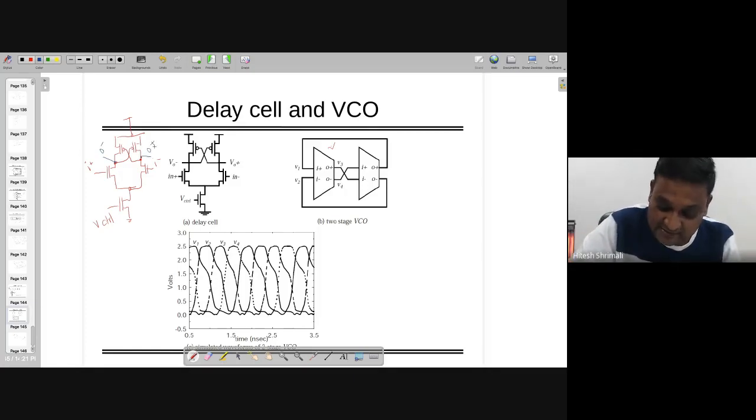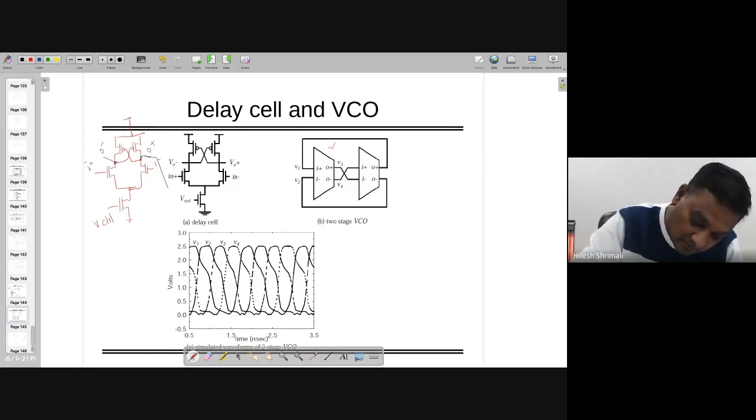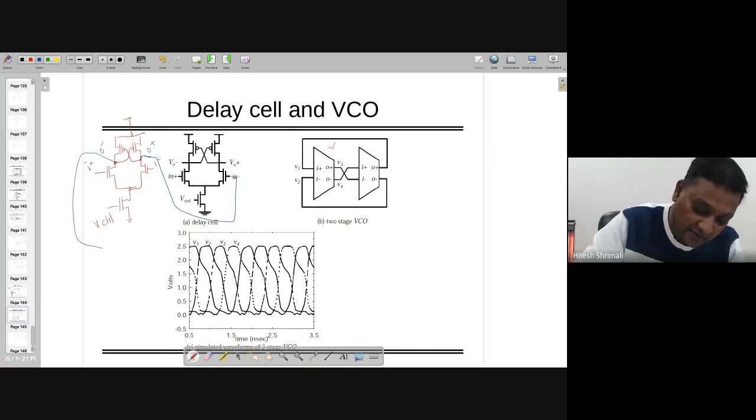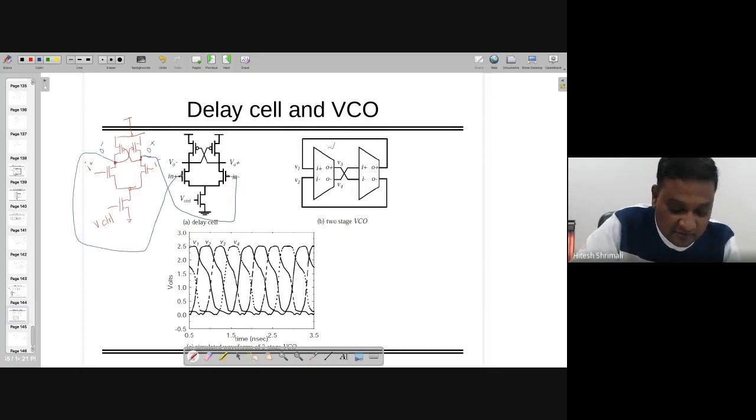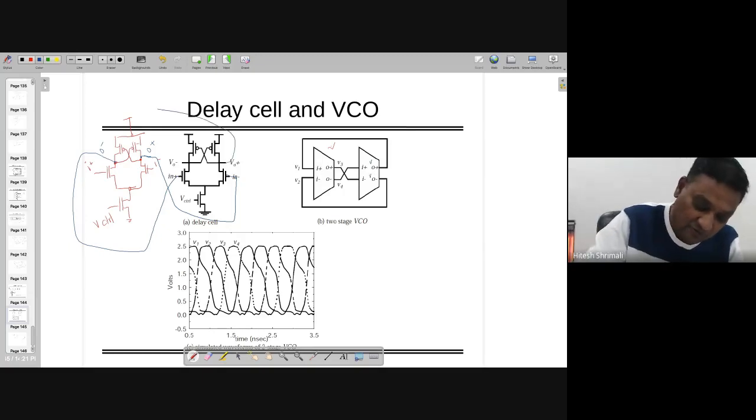O plus is connected to I minus, and O minus is connected to I plus, and VO plus and VO minus are connected to the plus side. So you can see here they are making the connection like this, right?